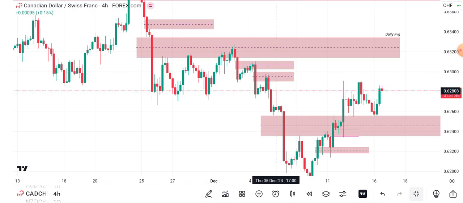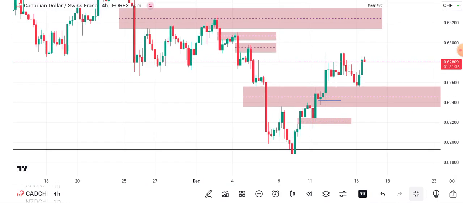So when price hit it, it still went down again, a massive movement downward, till eventually price came and entered a little into this larger fair value gap.